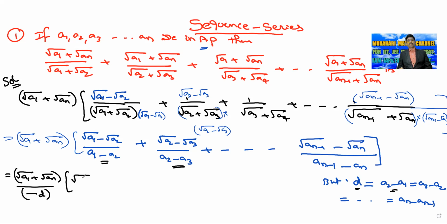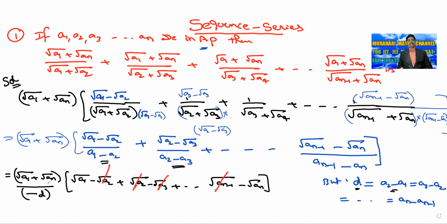So it will be √A1 - √A2 + √A2 - √A3 and so on, up to √An-1 - √An. In this, √A2 gets cancelled and so on, √An-1 also gets cancelled.